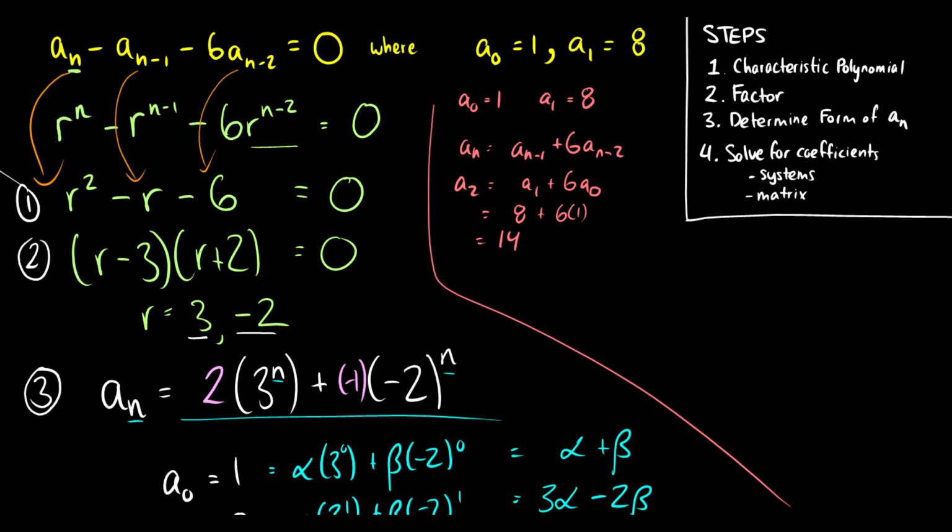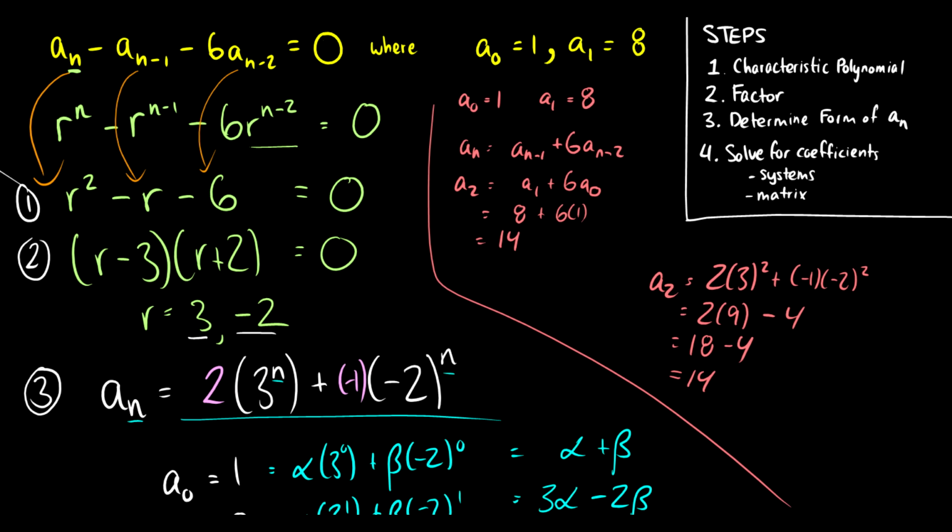Let's see if our formula gets the same answer. a2 will be 2 times 3 squared plus -1 times -2 squared. So this is going to be 2 times 9 minus 4, which is 18 minus 4, which is equal to 14. So our formula gets the same result that our recurrence relation does.